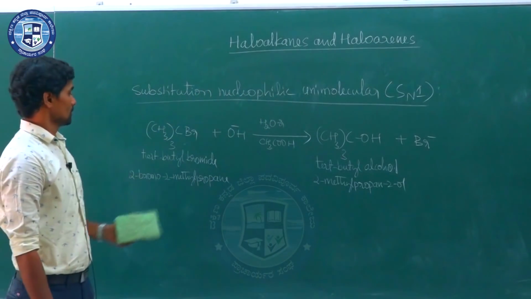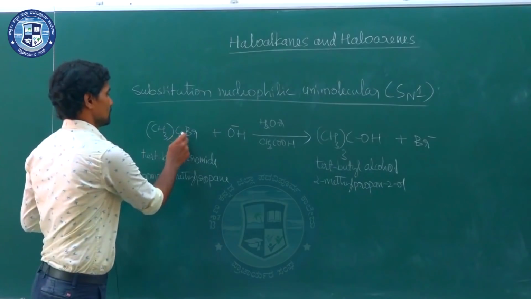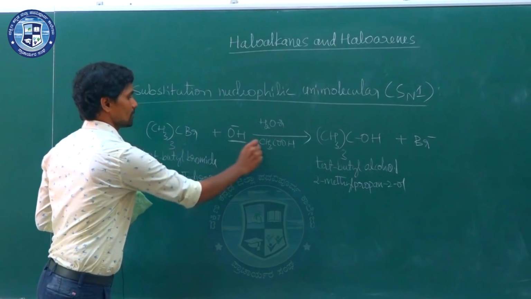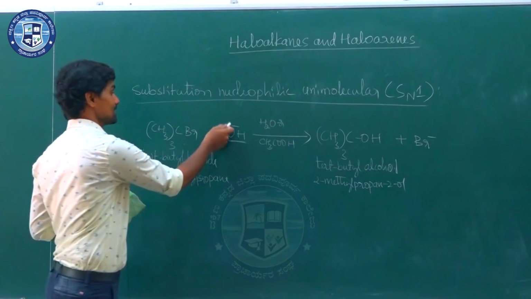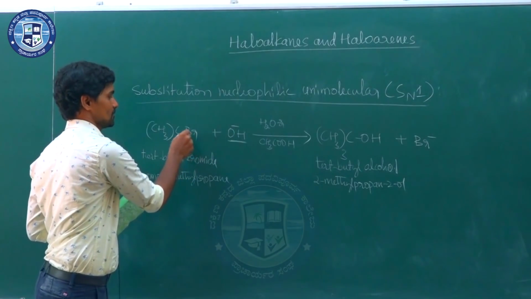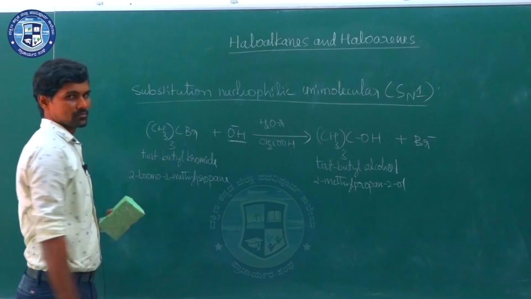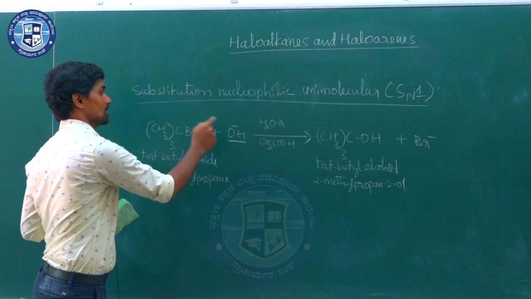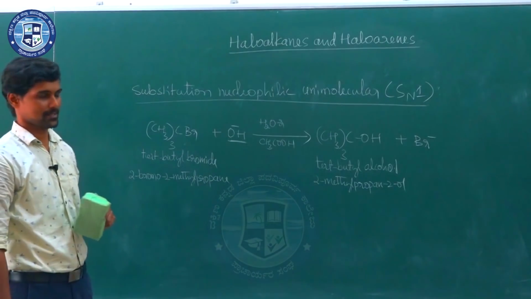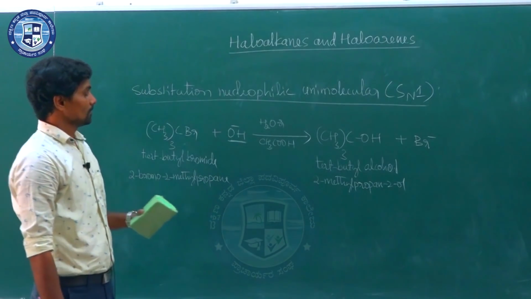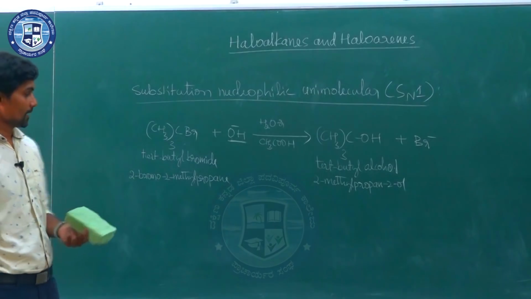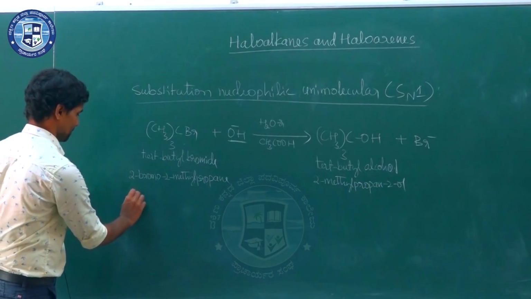Here you know that OH minus is the nucleophile and that is displacing or substituting for the bromine atom. So this carbon bromine bond breaks and carbon oxygen bond formation takes place. Let us understand how it happens, the mechanism.